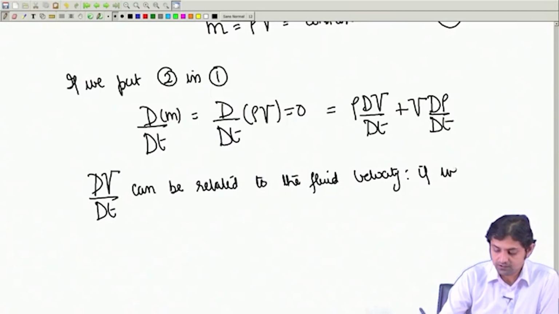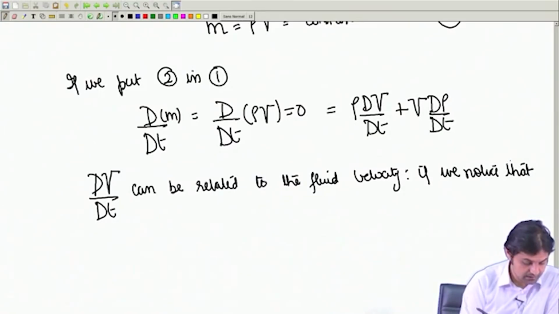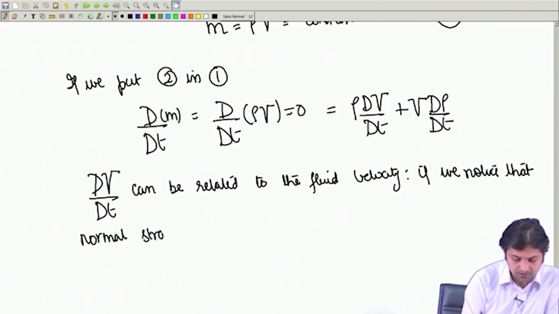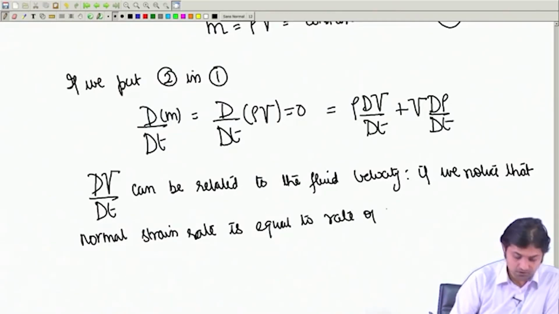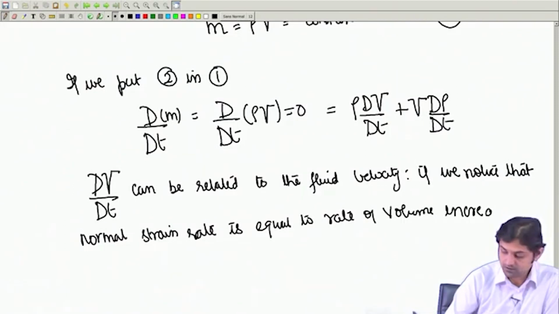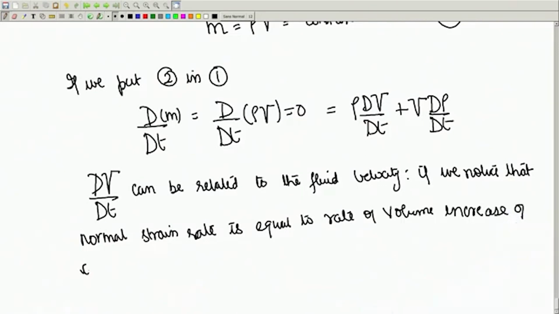If we notice that the normal strain rate is equal to the rate of volume increase of a particle per unit volume.